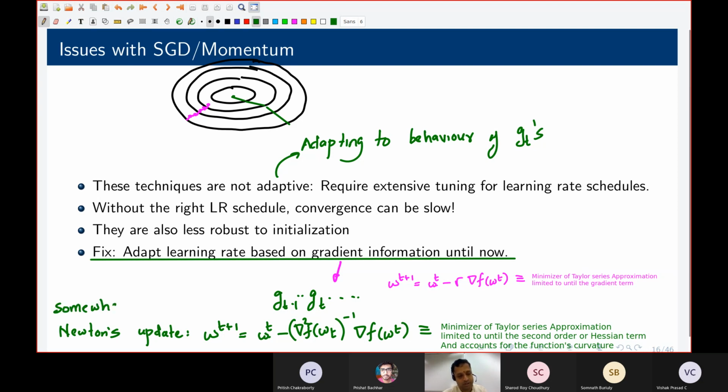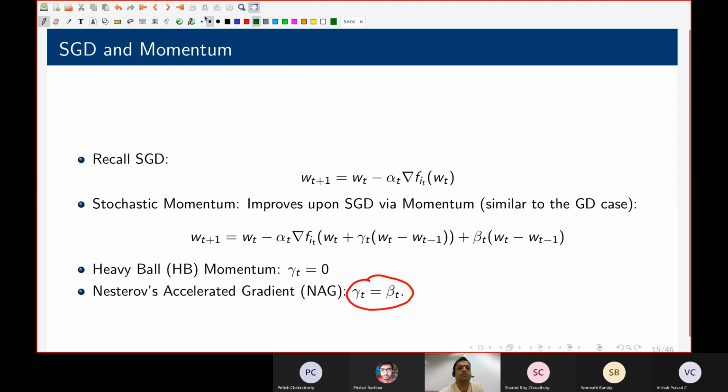So this is somewhat related to Newton's update. In the previous slide, why was there an f_i? Why are there other functions only? f_i is the gradient of the loss with respect to i_t.